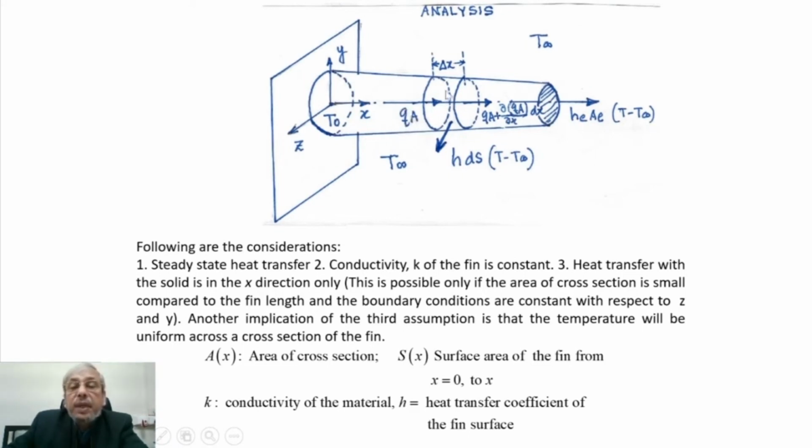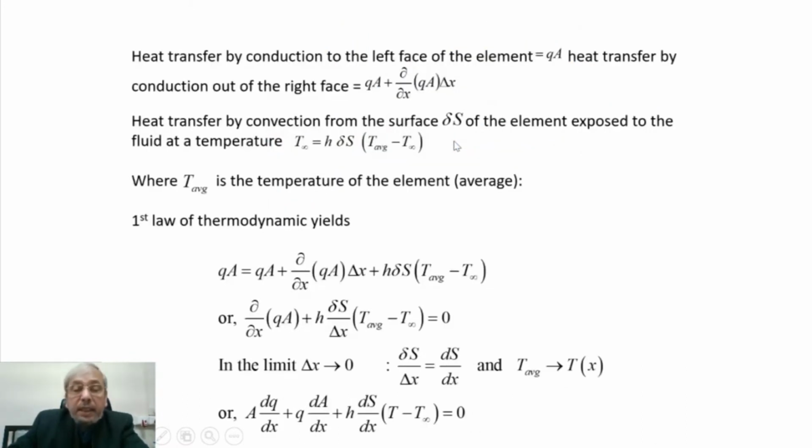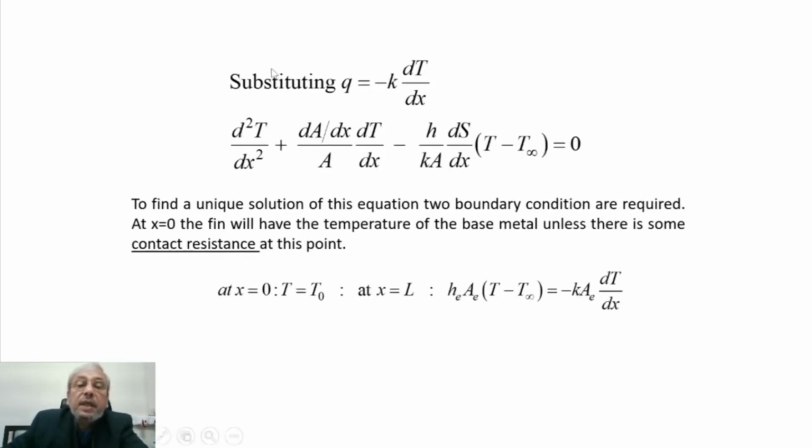So heat flux into A is the total energy coming in, and QA plus del x of QA into dx is going out, and that is how we have constructed this problem. So here q is basically the heat flux, given as minus k dT/dx.